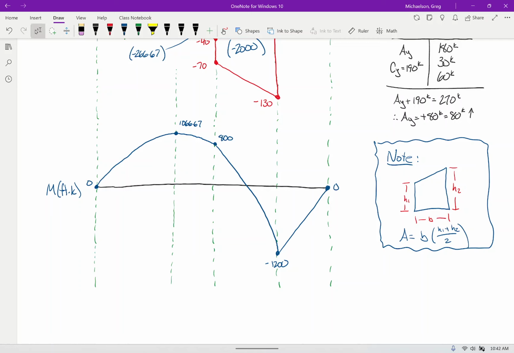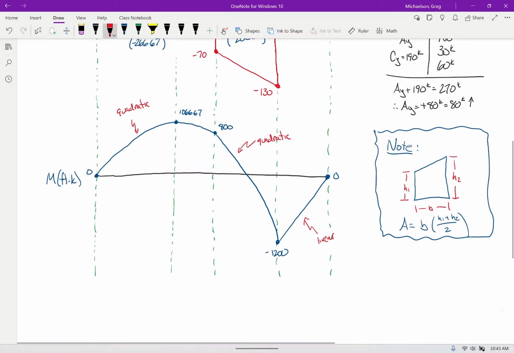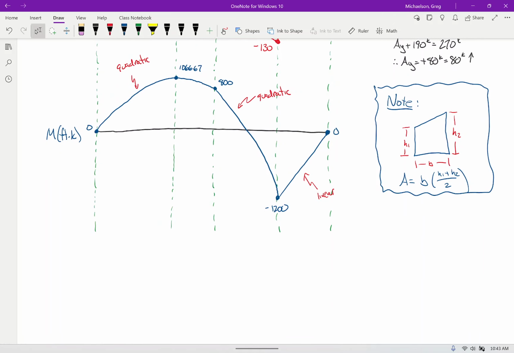So what I'll do is I'll say quadratic, quadratic, and that's linear. Just to sort of make the point that it's quadratic.